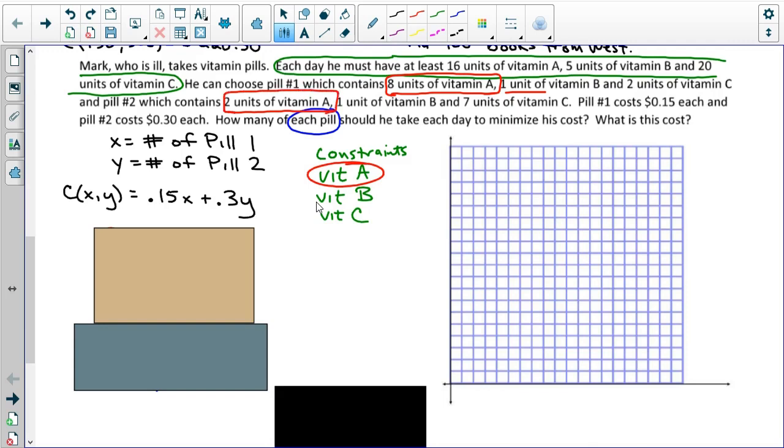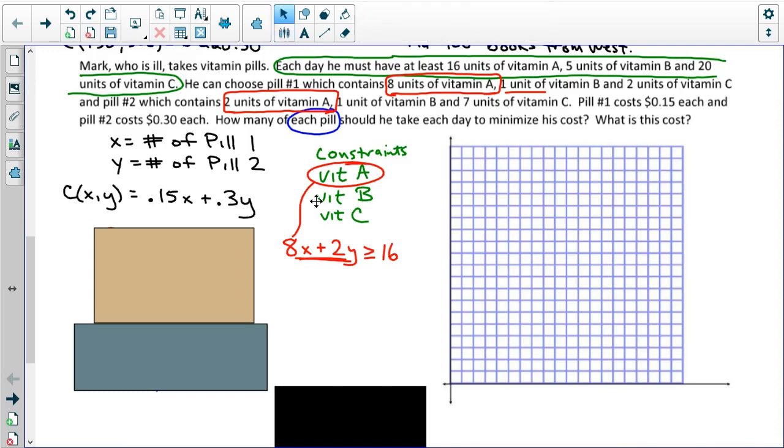If I have 8 units in pill 1 and 2 units in pill 2, and I add them together, I cannot have that be less than 16. So this must be greater than or equal to 16. And that's the logic that I'm going to use in developing each of my constraints.